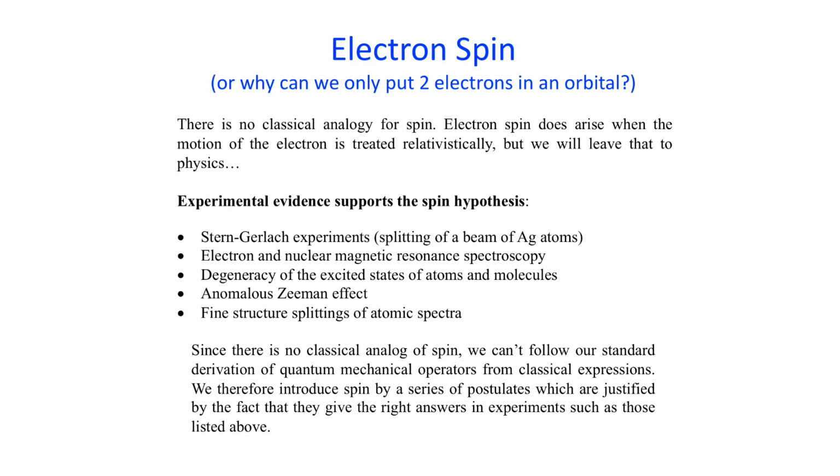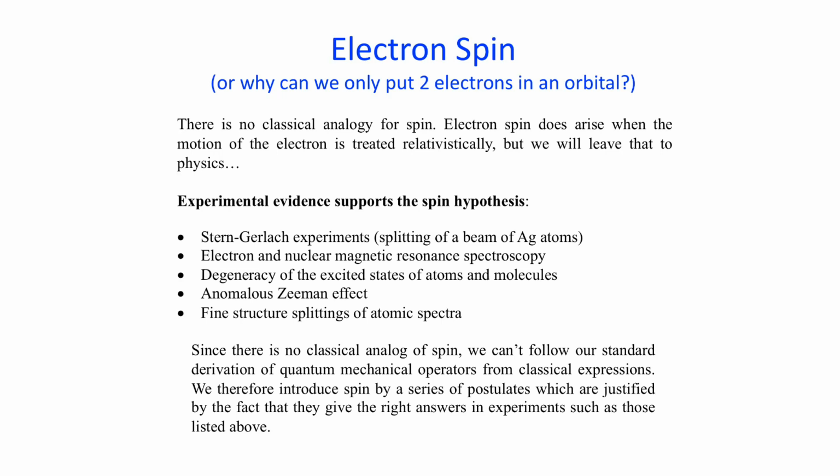Normally our process for deriving a new quantum number would be to solve the Schrodinger equation, and then it arises naturally out of the mathematics of doing so. Electron spin is a special quantum number in that there is no classical analogy for it.